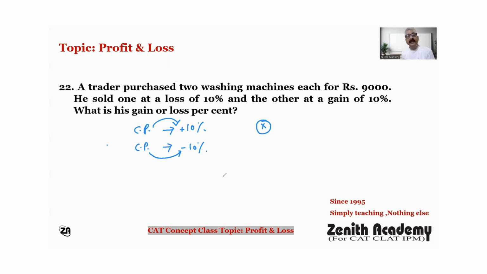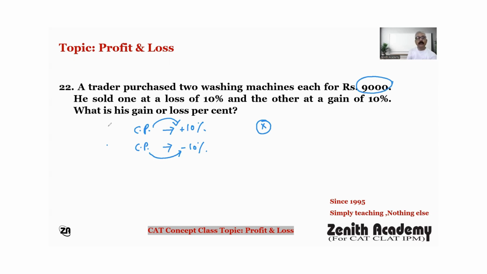If the cost price is same and in two cases, in one case the loss percentage and in the other the gain percentage are of the same magnitude, then there is no loss, no profit, when the cost price is same.